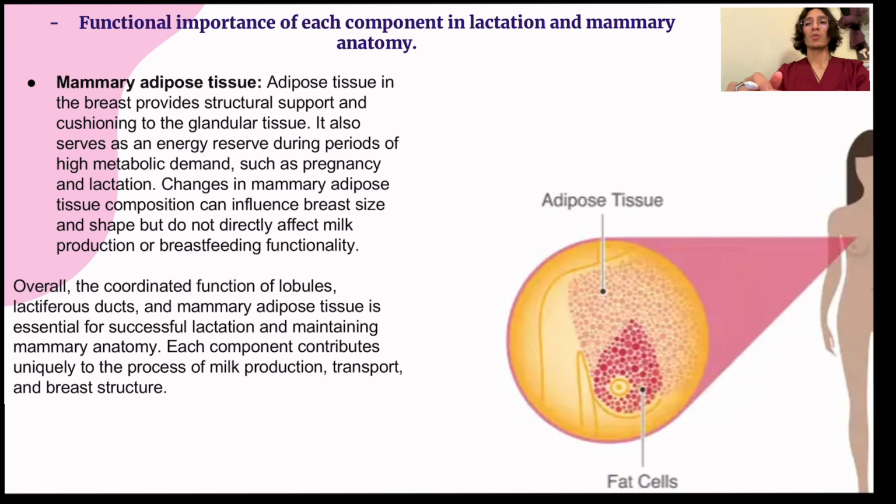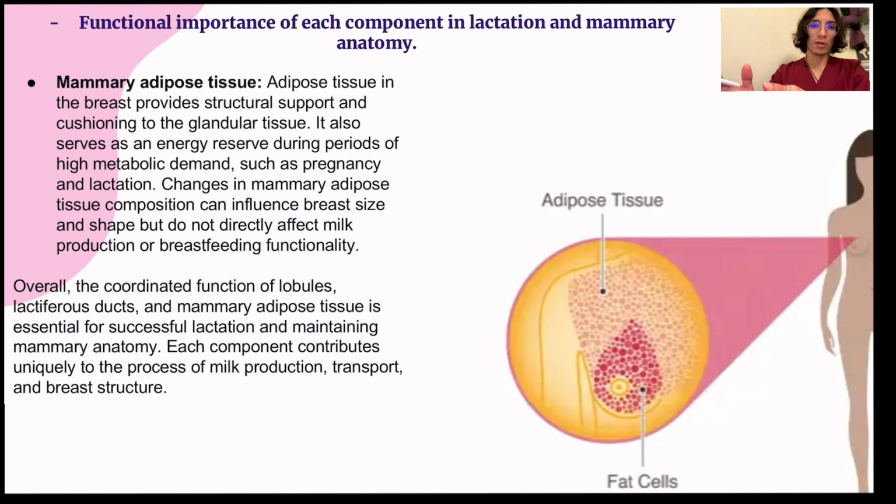Mammary adipose tissue in the breast provides structural support and cushioning to the glandular tissue. It also serves as an energy reserve during periods of high metabolic demand, such as pregnancy and lactation. Changes in mammary adipose tissue composition can influence breast size and shape, but do not directly affect milk production or breastfeeding functionality.